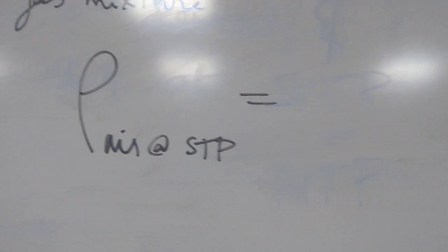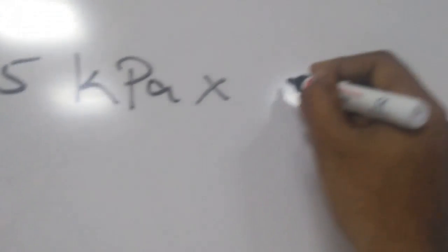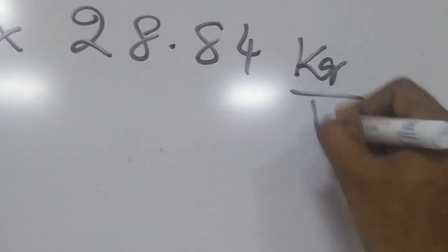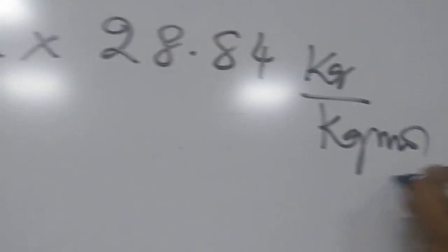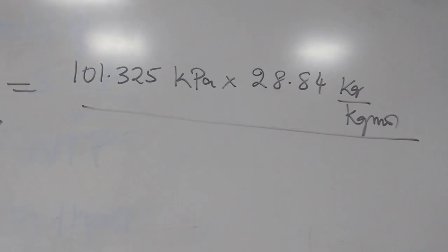Density of air at STP conditions: pressure is 101.325 kilopascal into average molecular weight 28.84 kg per kg mole divided by RT.